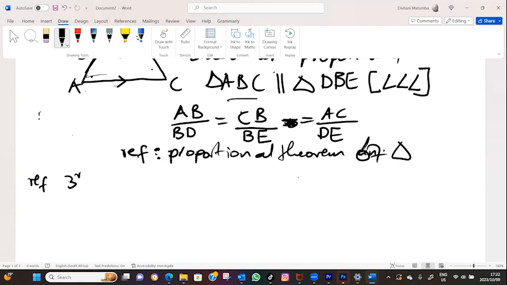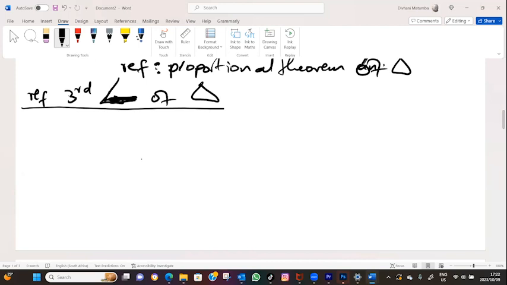Now we have this theorem, the third angle of a triangle.